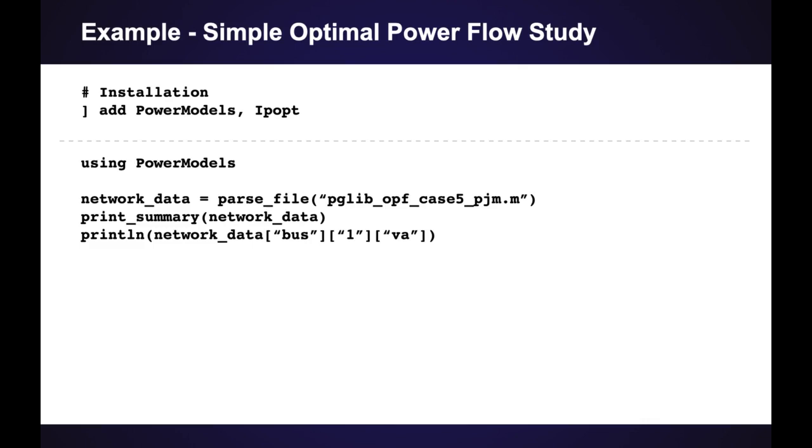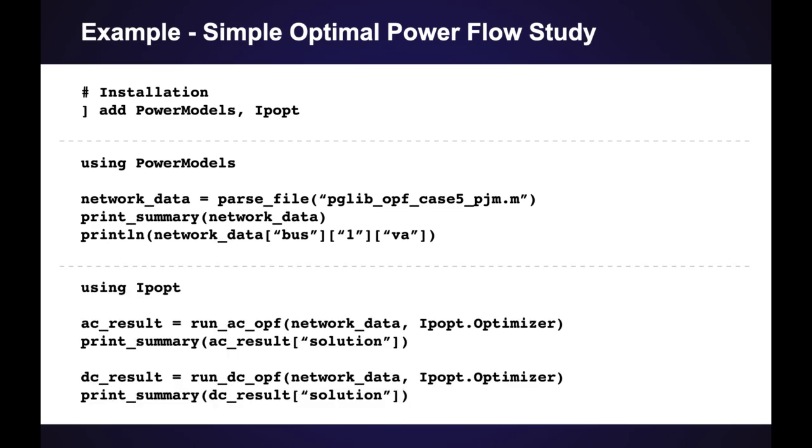You use functions like parse_file to read those nice, convenient data files. There's a print_summary function, which will print the data in a human readable format. And then you can dig into the data item by item using nested dictionary dereferencing. If you want to solve a classic optimal power flow problem, you bring in Ipopt, and then you call these helpful functions like run_acopf or run_dcopf.